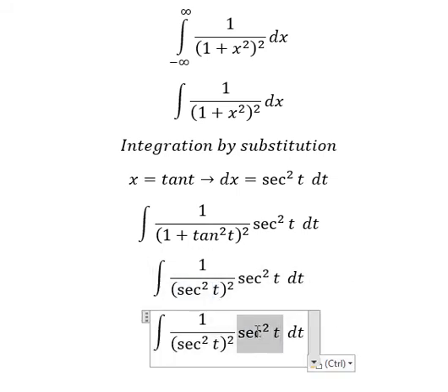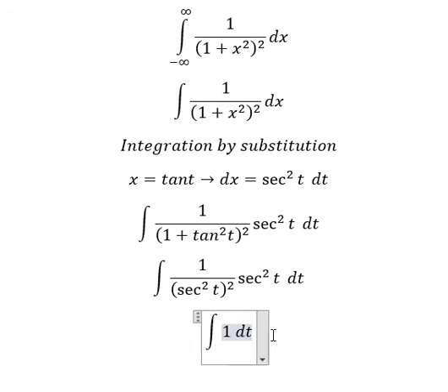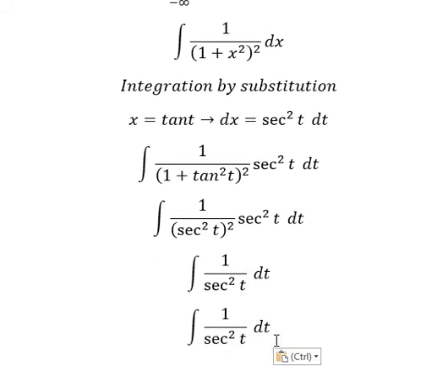Now we need to simplify secant of t squared on the numerator and denominator. One over secant of t we change for cosine t squared.